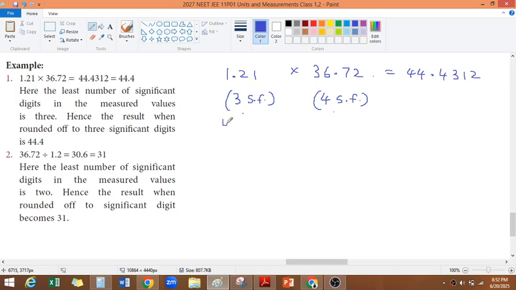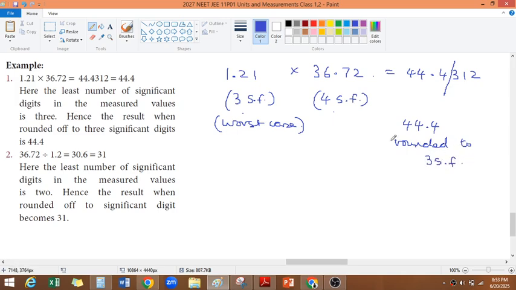Here the worst case is the one which has the lowest number of significant figures. This is the worst case. Your answer should also have only three significant figures. So three significant figures, 1, 2, 3. You have to round it off here. This is less than 5. You can leave it as 44.4. So we can write it as rounded to three significant figures.